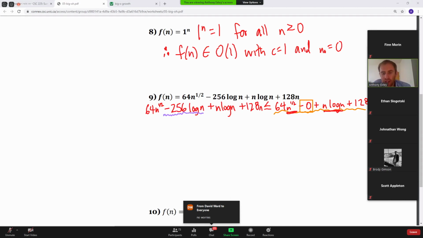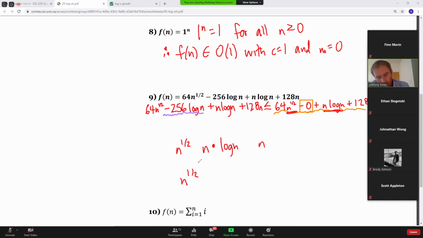So I think the most dominant term here, if we think about it, we're comparing n to the 1/2 with n times log n with just n.